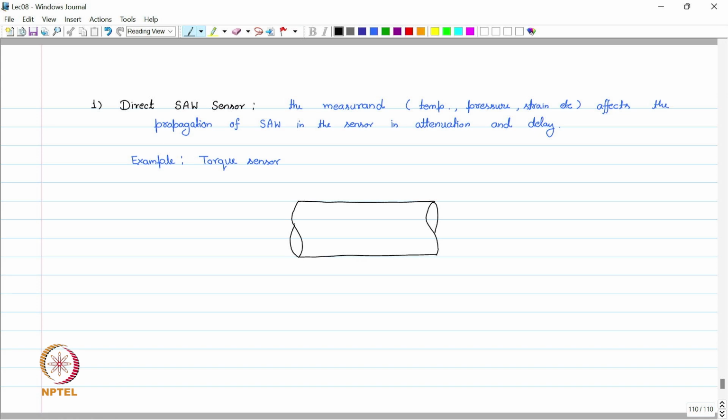So this is a shaft and we are applying a torque on this, let's say like this, and we want to measure how much torque is being applied on this shaft. So we can place a SAW sensor and paste it on the shaft itself.